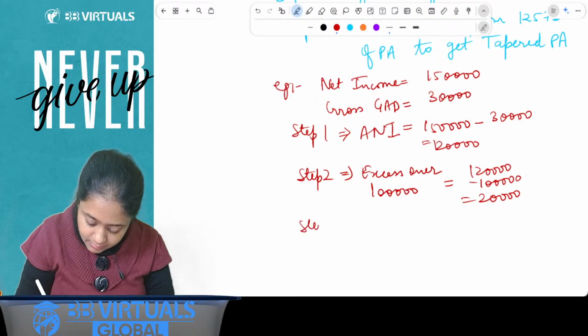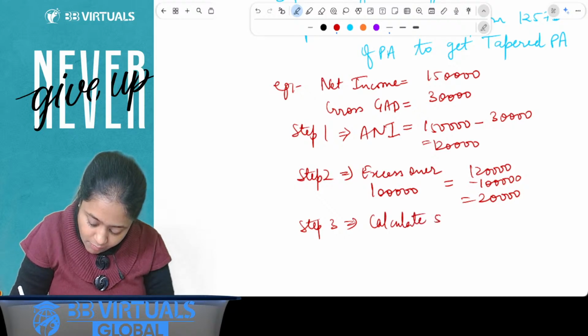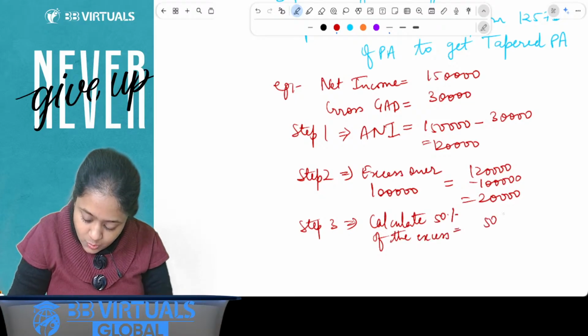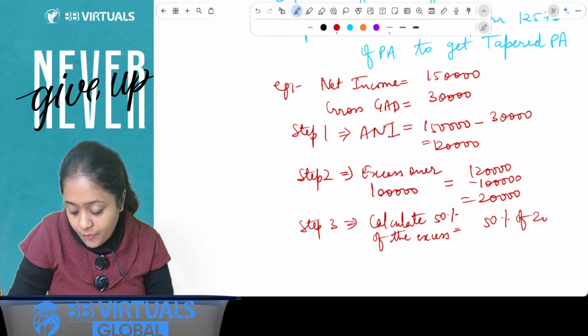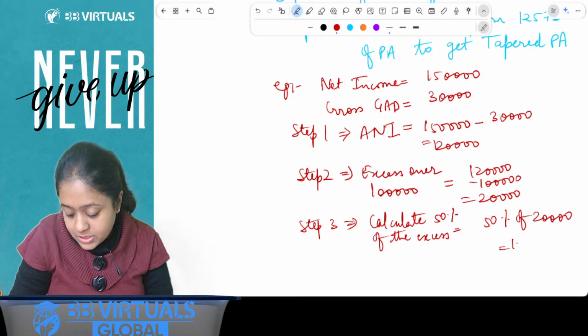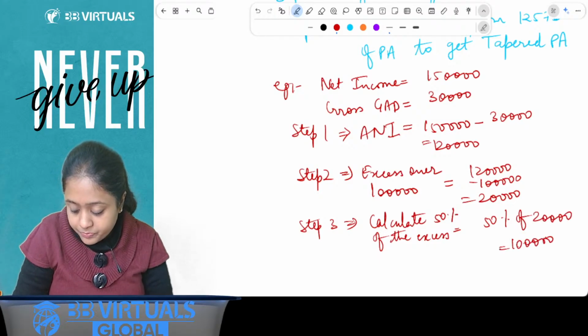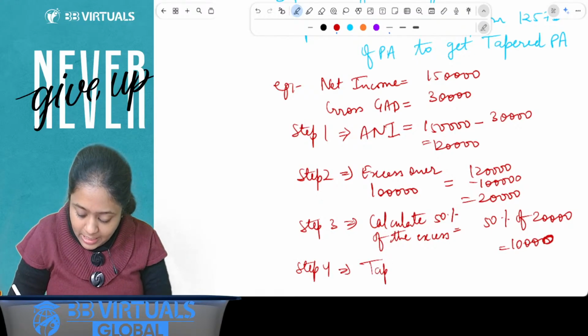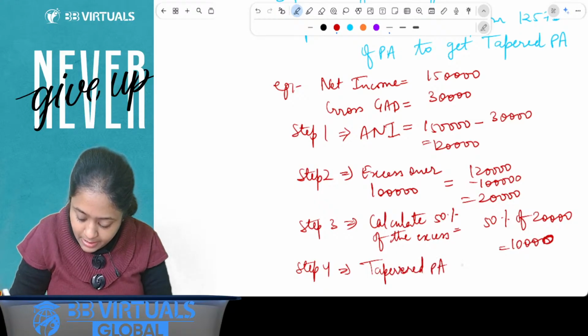Step 3, calculate 50% of the excess. That means you will calculate 50% of 20,000, which is 10,000. So step 4, reduce it from 12,570 to get your tapered PA.